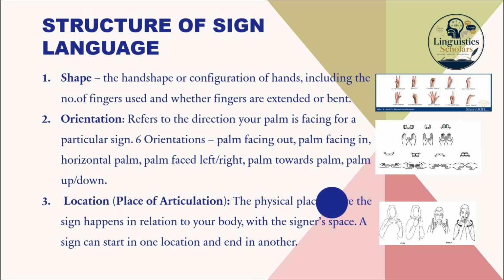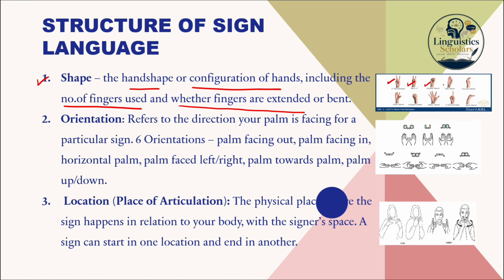We will try to understand them one by one, and first we will start with the shape. Shape refers to the handshape or the configuration of the hands, including the number of fingers used, and whether the fingers are extended or bent. As you can see here, 2 fingers are used, and here 2 fingers, but they are bent.